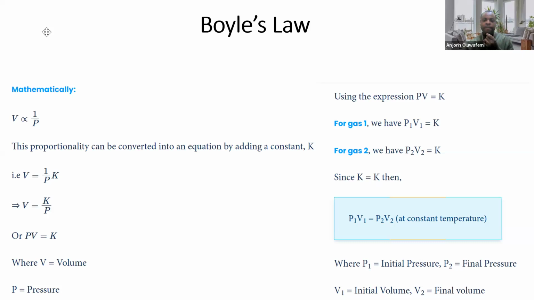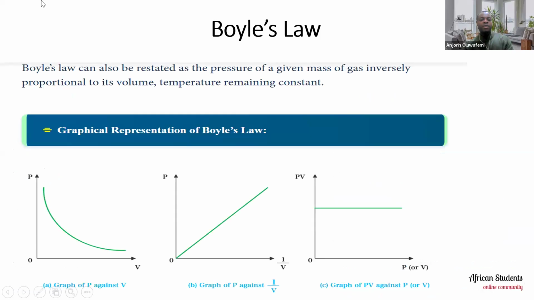Okay, having said that, before we look at the example, I said Boyle's law can also be restated as the pressure of a given mass of gas being inversely proportional to its volume, temperature remaining constant. Okay. But let's look at the graphical representation of Boyle's law.